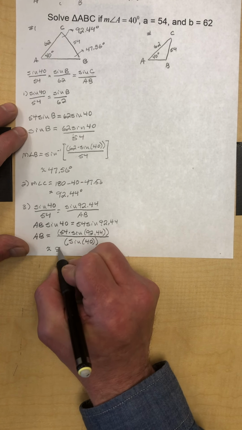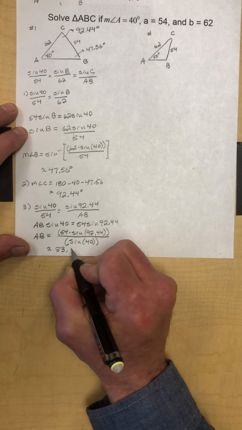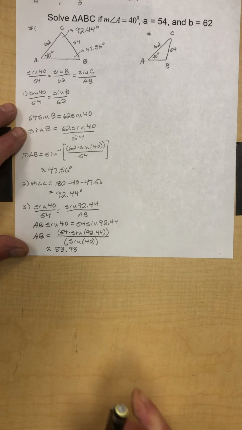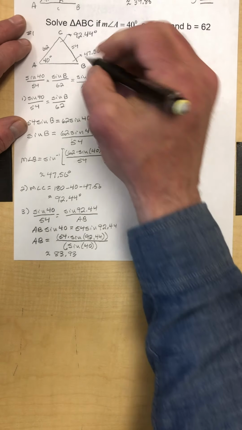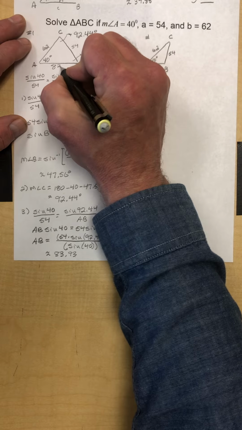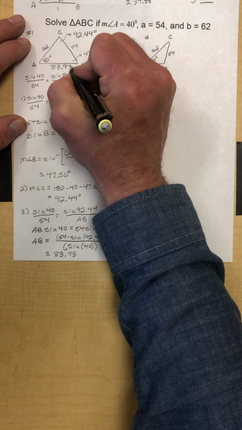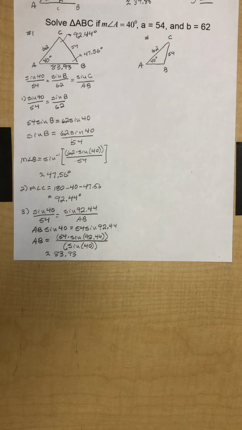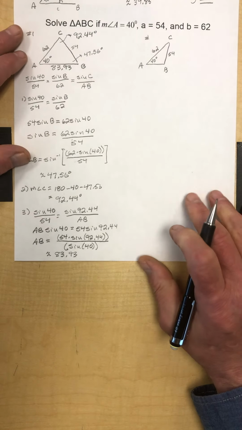I'm getting 83.93 when rounded to the nearest hundredth. So this side would have to be 83.93.